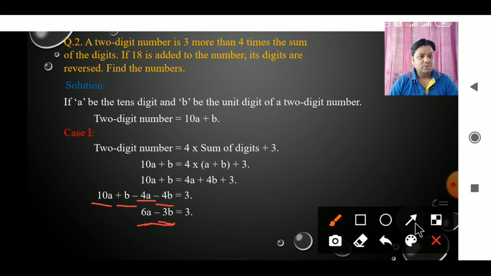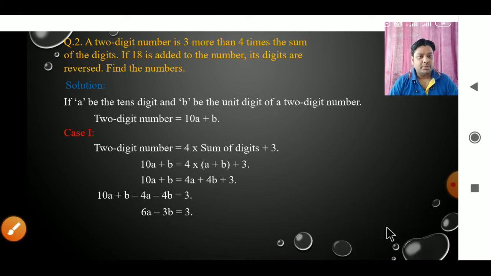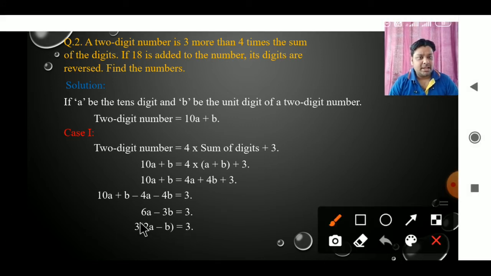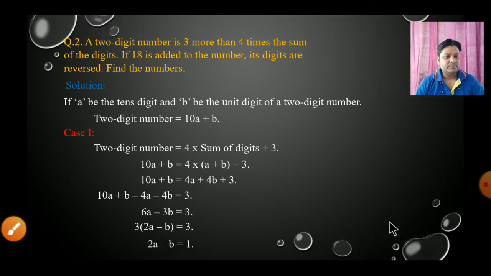So taking the common 3, what is left in the bracket? 2a minus b. Now you can see that if we cancel this 3 and this 3, because they are in LHS and RHS in product form, what is left here? 1. So we can write 2a minus b is equal to 1, and this is equation 1. Now it's over. Now let's move to the next line.